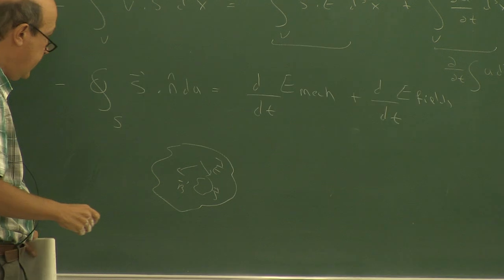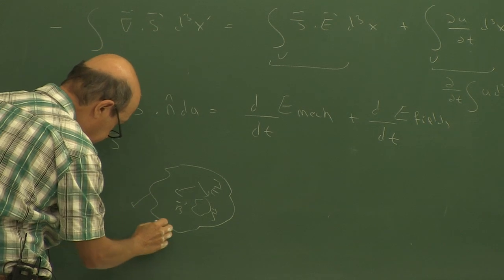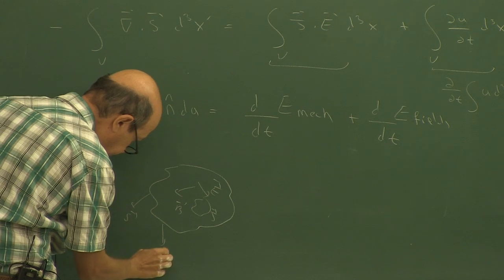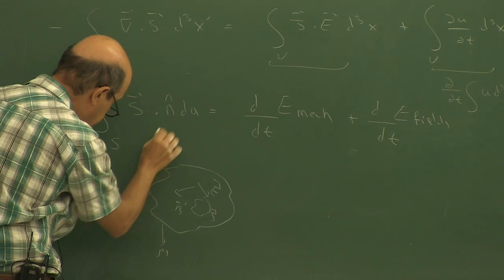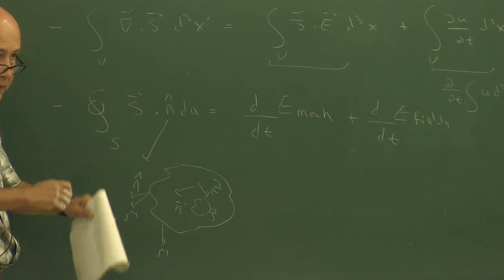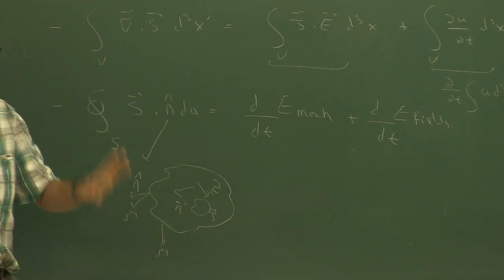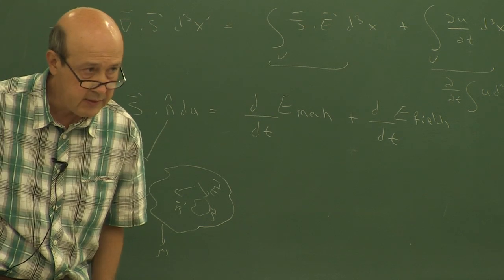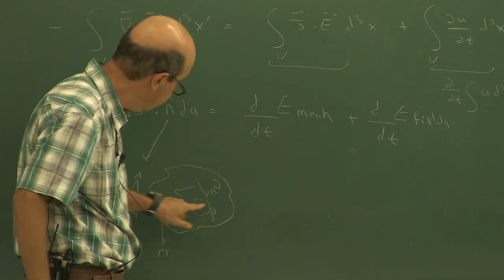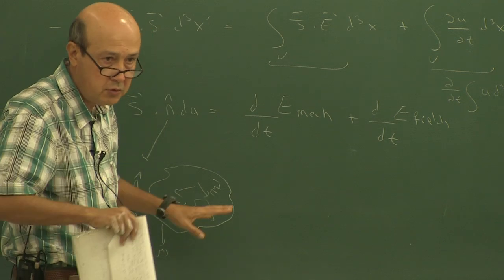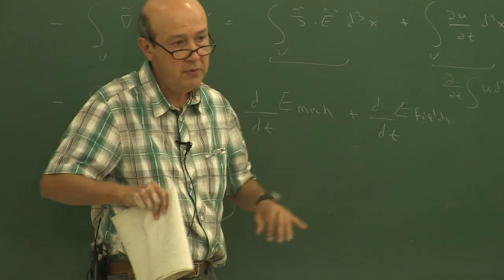At the surface of the volume, some energy is escaping, S, and you have the surface unit vector N. Some energy is escaping at the surface, but the escaping intensity through the surface is equal to what? The sum of the change of the mechanical energy in the wires and sources plus the change of the total energy due to the fields.